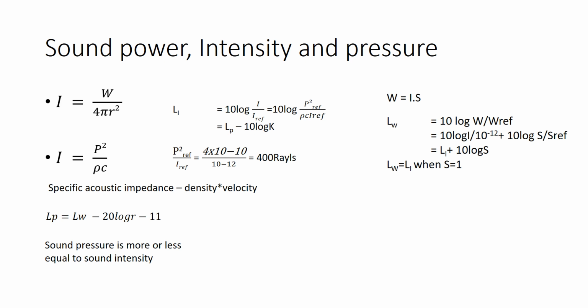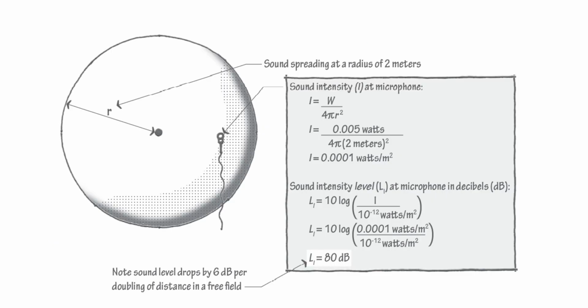Keep that in mind. And speaking about this inverse square law, as you can see, this is the radius, and the dotted point that you see is the sound source. According to the distance, the intensity will vary.